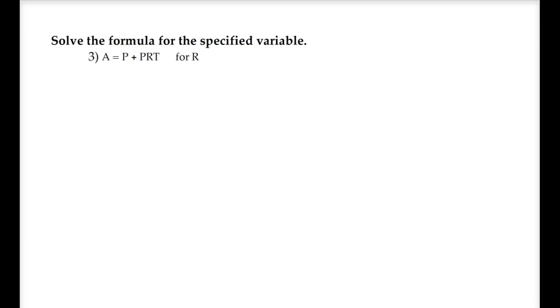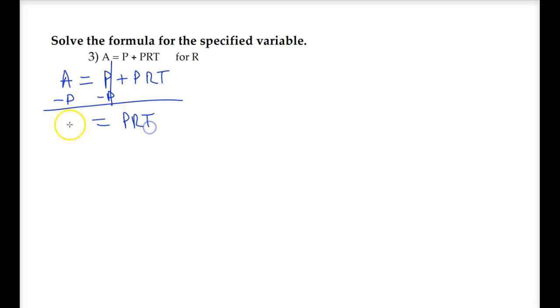Okay, so one way we could do this problem is to start off just by subtracting both sides by p here. And if we subtract both sides by p, then that cancels to 0, and we just have PRT there, and this is a minus p. And then since we're trying to solve for r, we want to get rid of, so to speak, the p here and the t there.